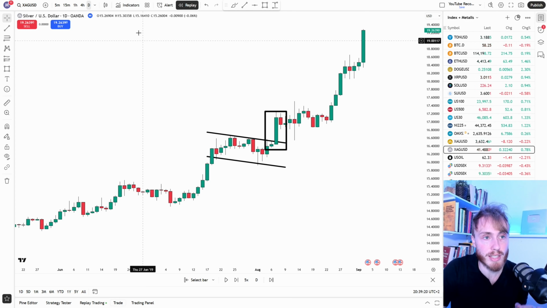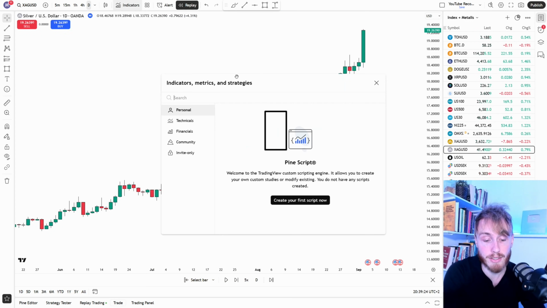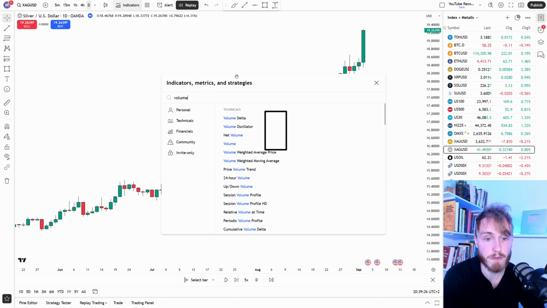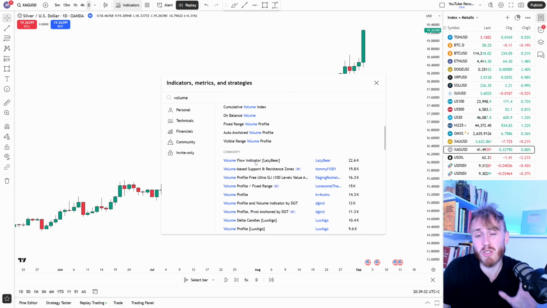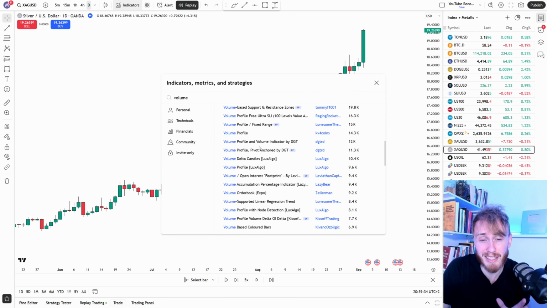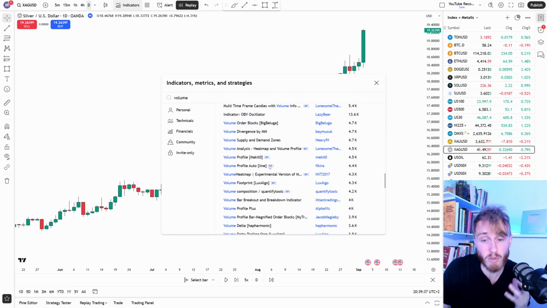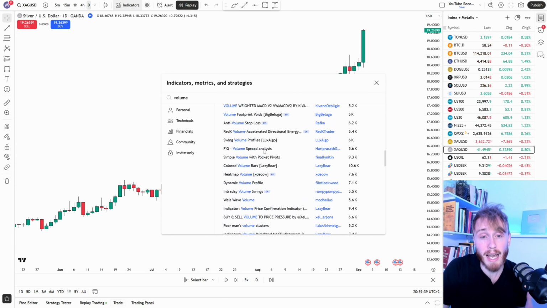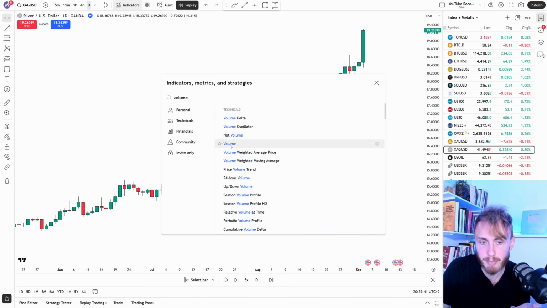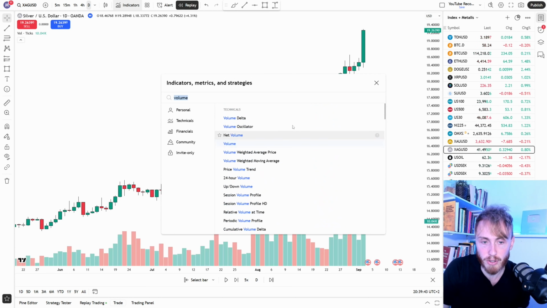So now let me show you how to find the volume indicator. To do that, you go up to the indicators tab and you simply search for volume. Let me remove the drawing right there. And as you can see, when it comes to volume, you have tons of built-in volume indicators, and you also have tons of community built indicators. But for this one, I'm just going to keep it super simple and use the normal volume.